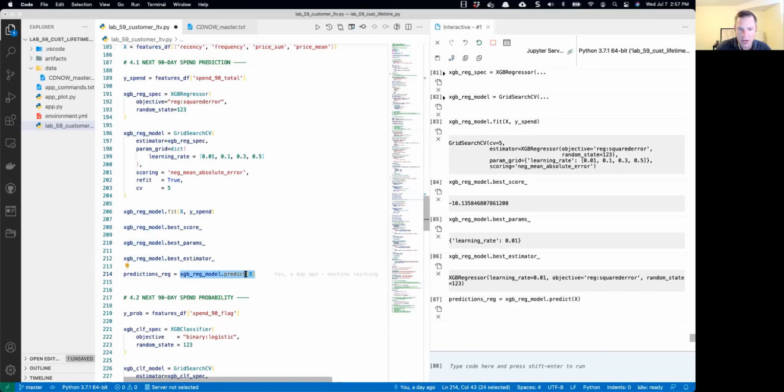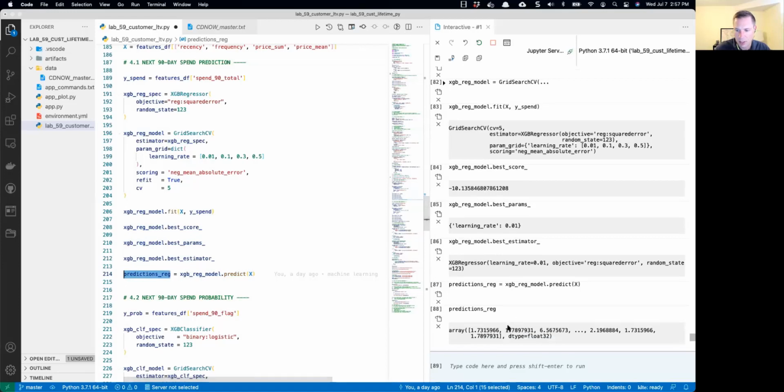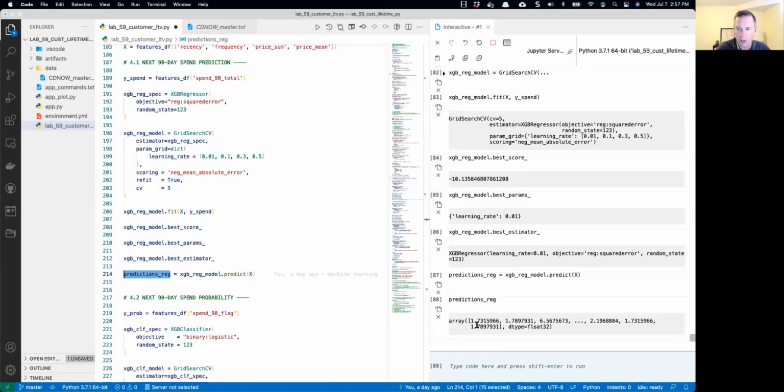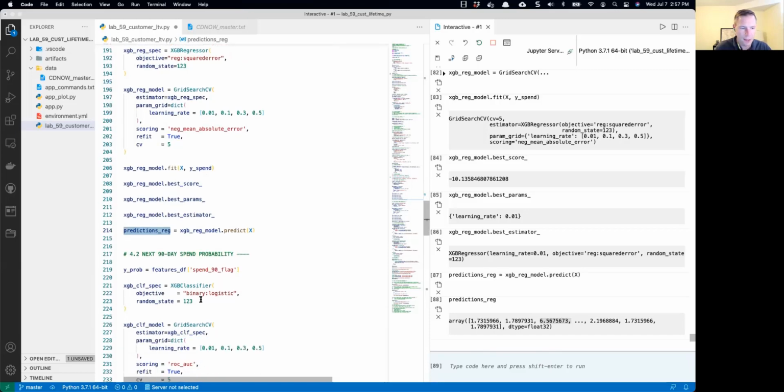You just provide the new data in the same format that it was previously trained with. And then we now have our predictions, and it returns what's called a NumPy array. The first prediction is predicting that the first customer will spend $1.78. The third customer, it's predicting to spend $6.56. So that's how you would read this.